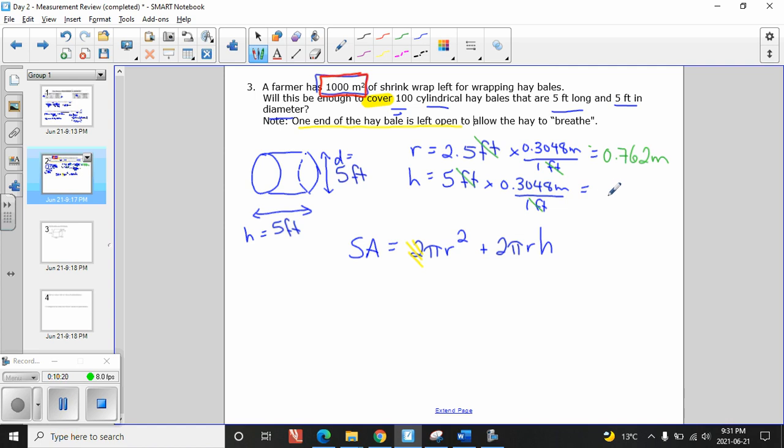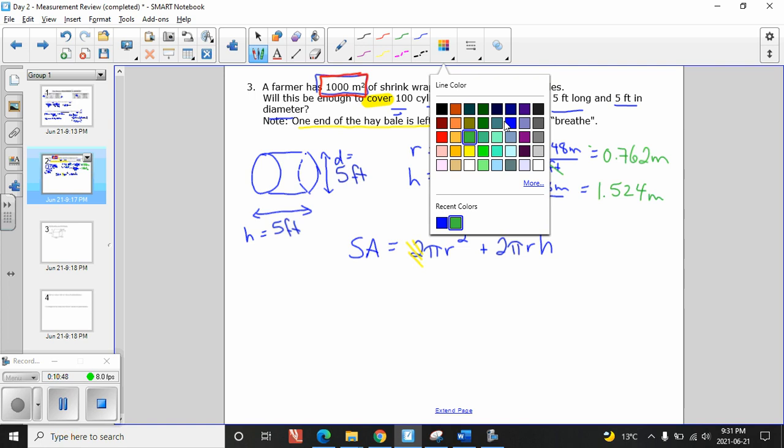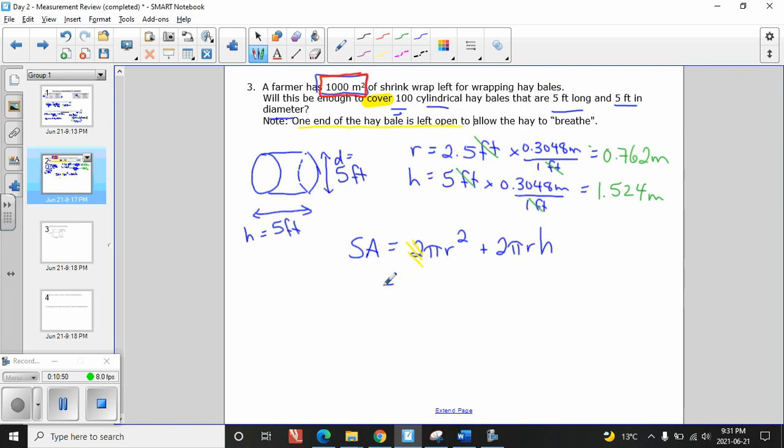And let's see, I could have probably just doubled the other answer, but I'll do it this way anyway. 5 times 0.3048, and that's 1.524. Okay, so I've got a radius in meters, a height in meters. I can plug those in where the R and the H are in my formula, and then we should be ready to do some calculating.